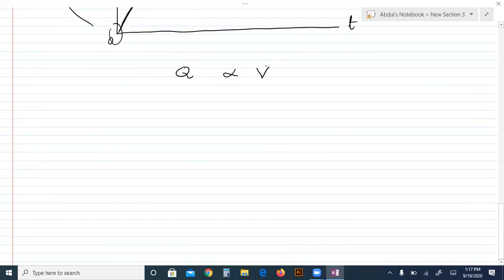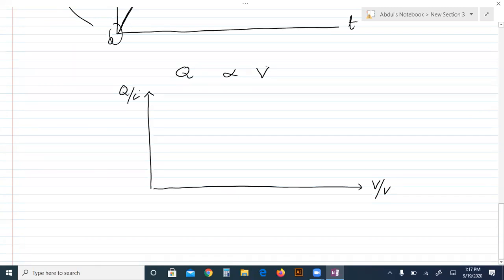So Q is directly proportional to V, meaning if the graph is plotted between potential of the capacitor and the charge in coulomb on one of the plates, then it is a straight line passing through the origin.